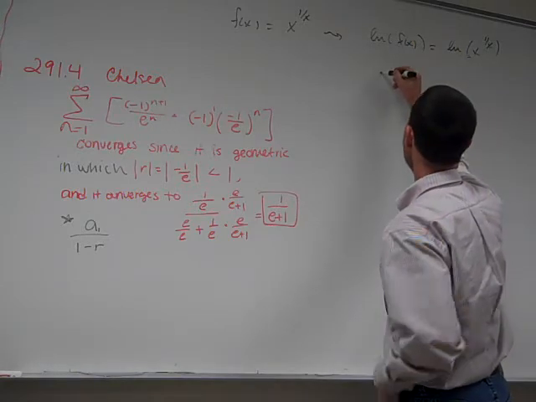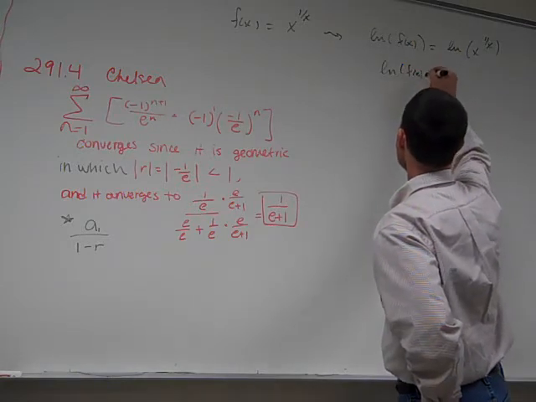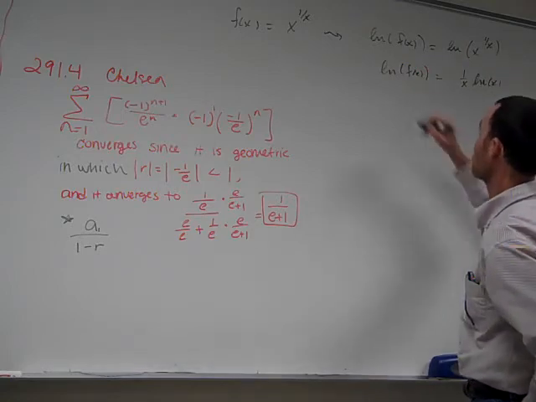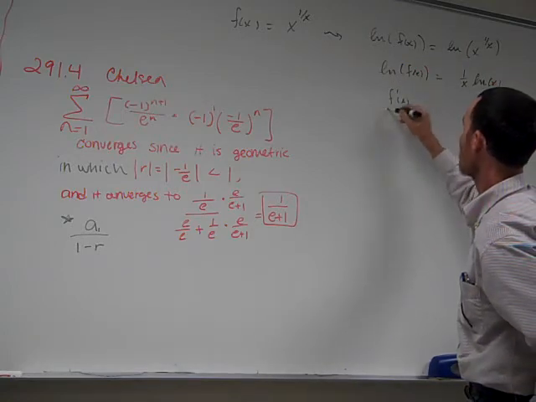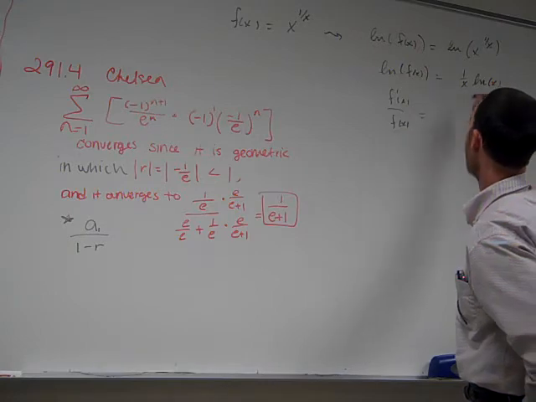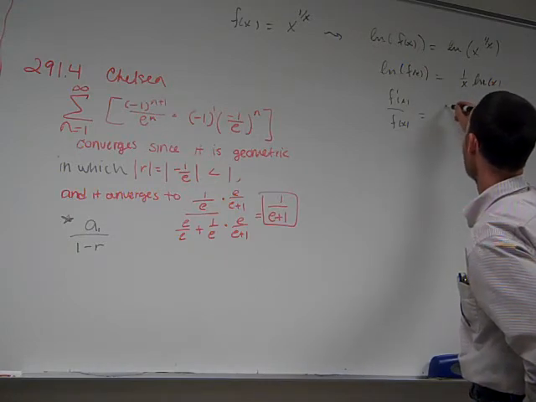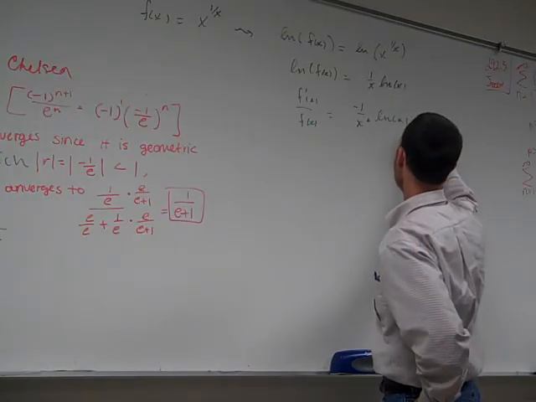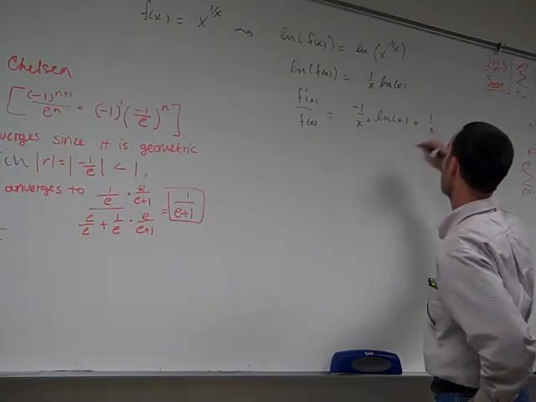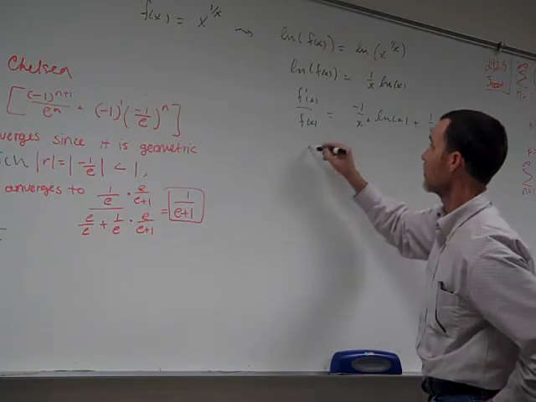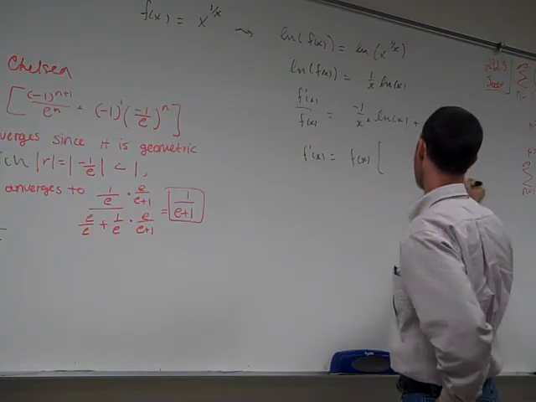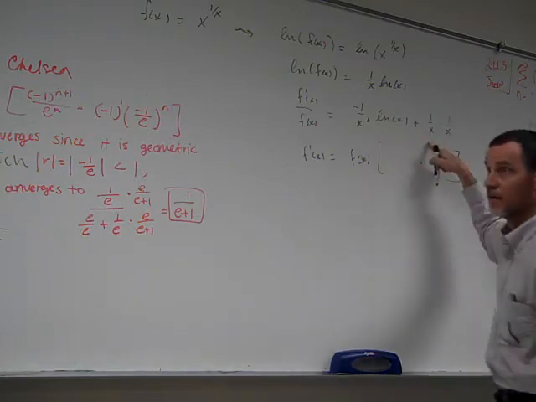Then ln of f of x equals 1 over x ln of x. So the derivative is f prime of x over f of x equals the derivative of the first, which is negative 1 over x squared times the second, plus the first times the derivative of the second. So then f prime of x is this nasty all of f of x times all of that.